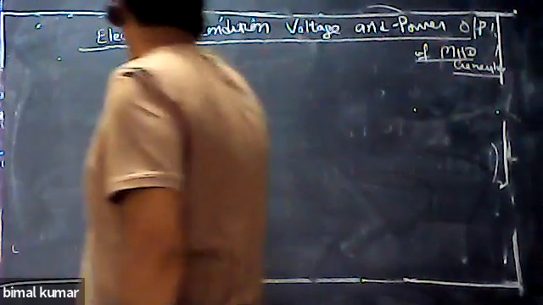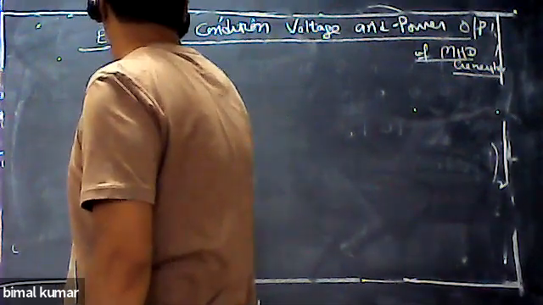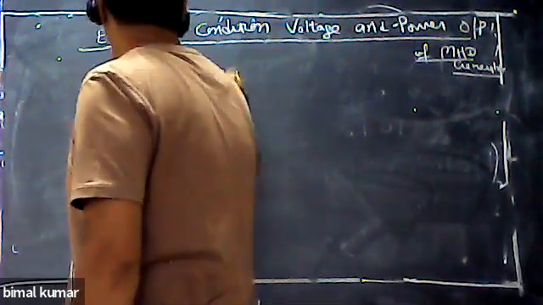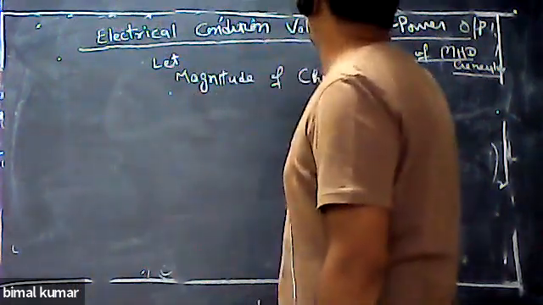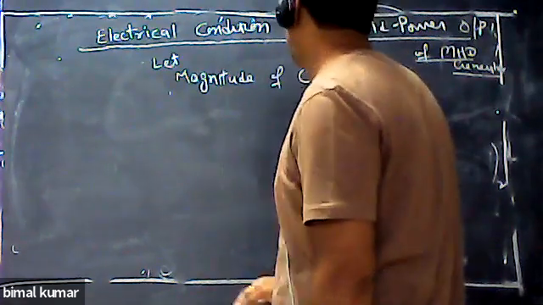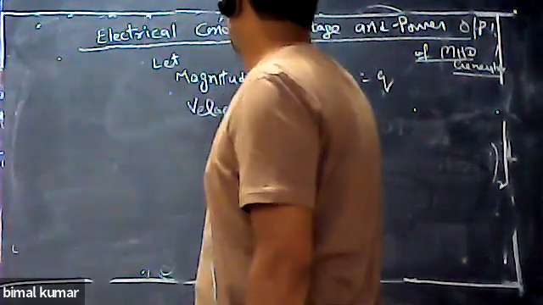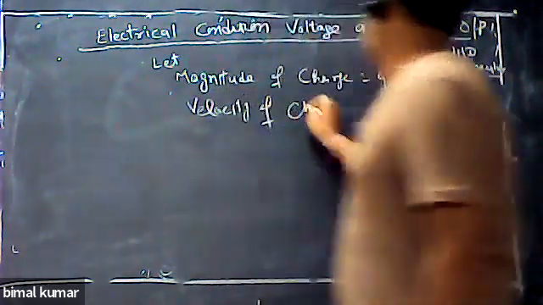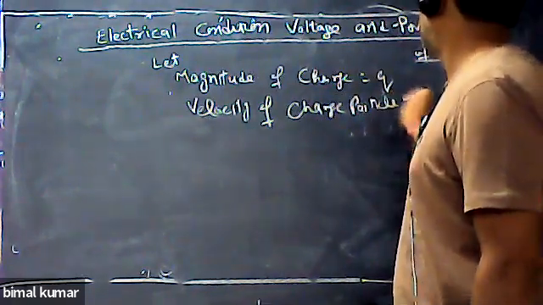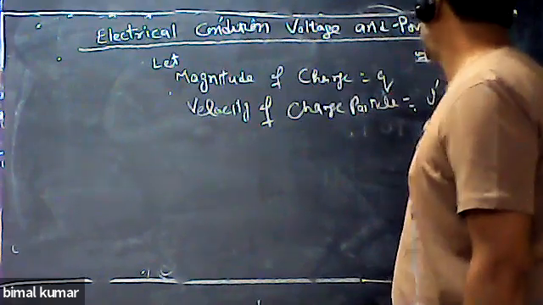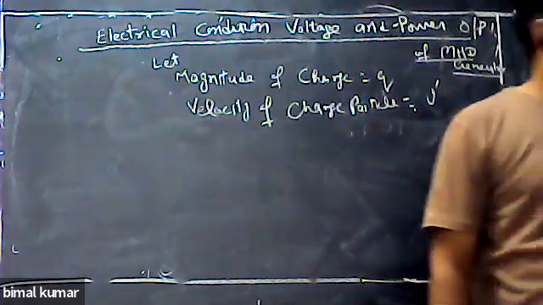Let the magnitude of the charge be equal to Q, and the velocity of the charged particle be equal to V dash, and this will be towards the right.